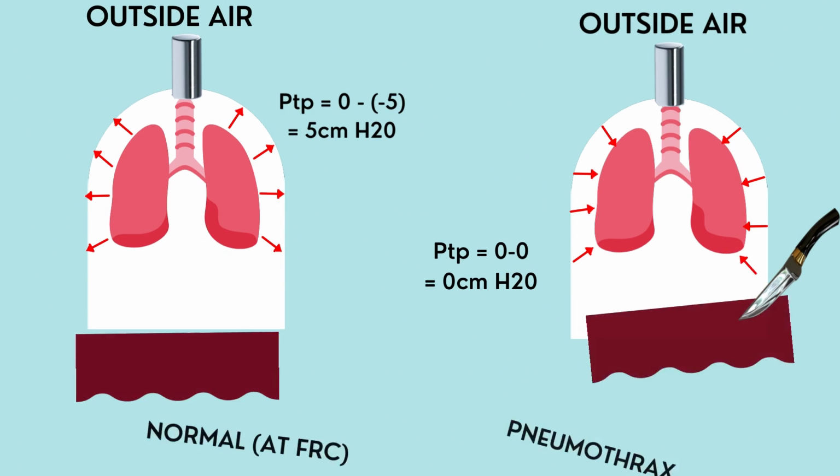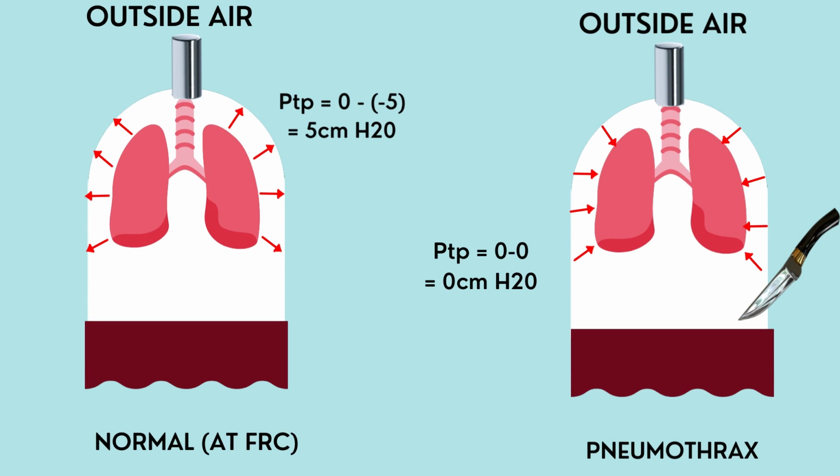To understand this in depth, I have made two parallel diagrams. One is the normal lungs at FRC, and the other one is pneumothorax. So first let's concentrate on the left hand side diagram. At FRC, when there is no airflow, the alveolar pressure is 0 centimeters of water, so that's why I wrote 0.